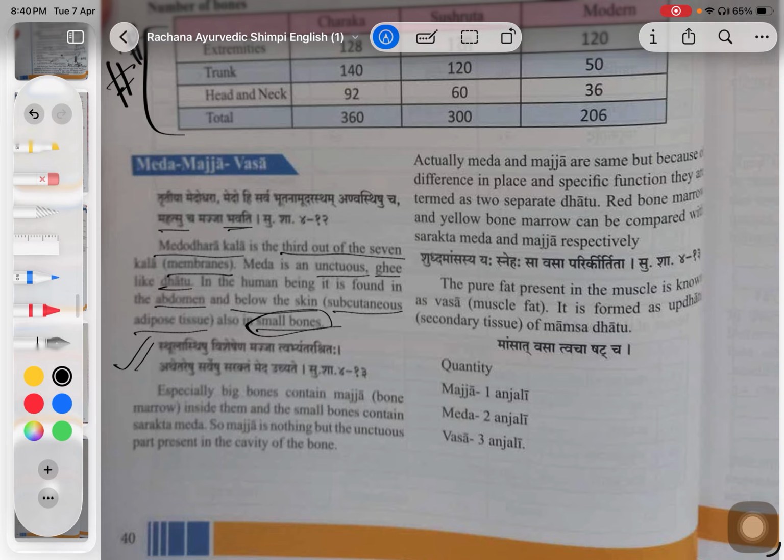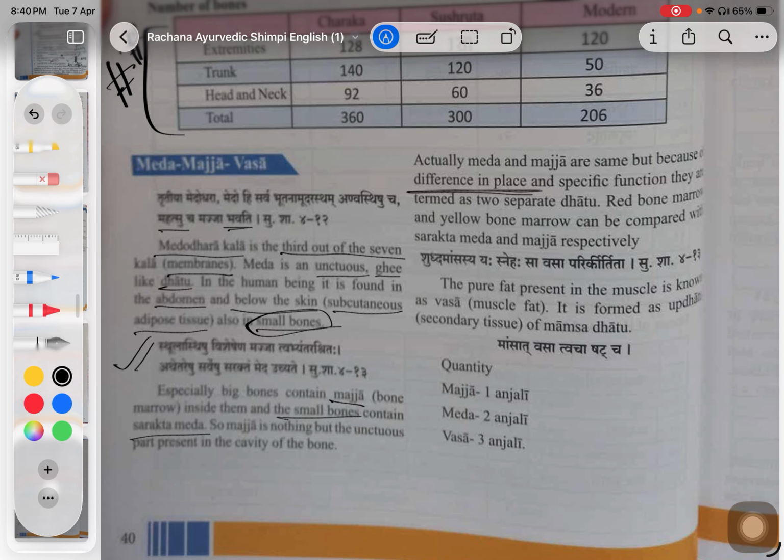We read this shloka earlier as well. Especially big bones contain majja, small bones contain sarakta med. So majja is nothing but the unctuous part present in the cavity of bone. Actually, med and majja are same, but because of difference in place.